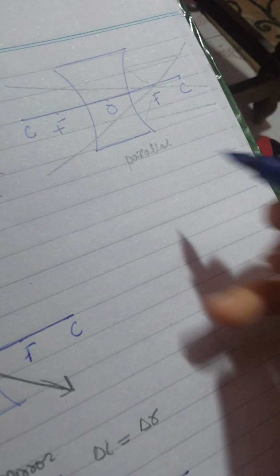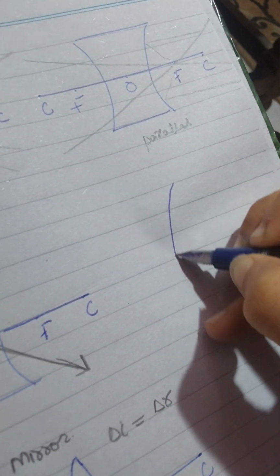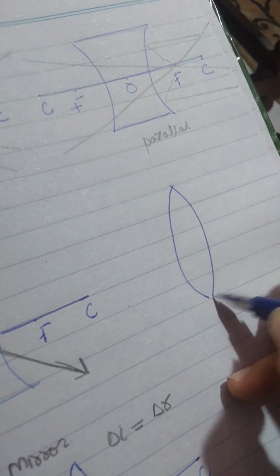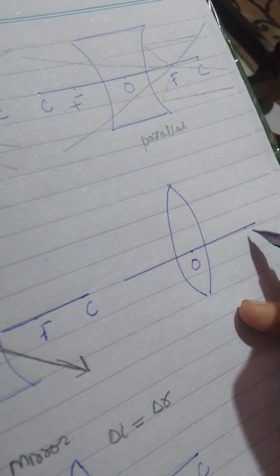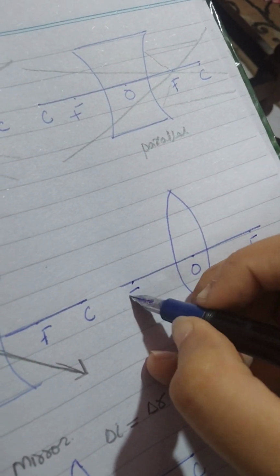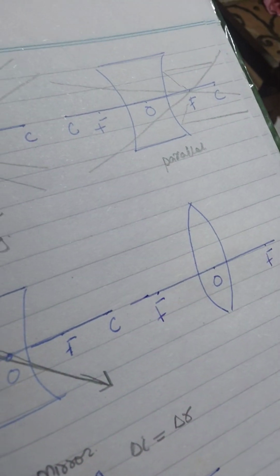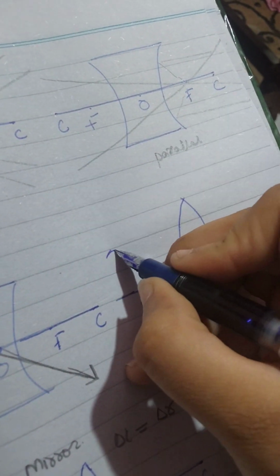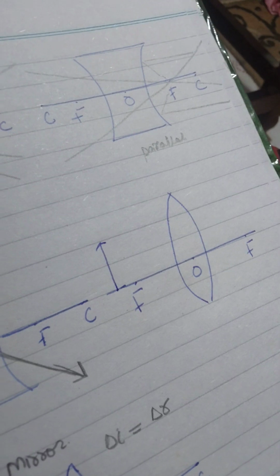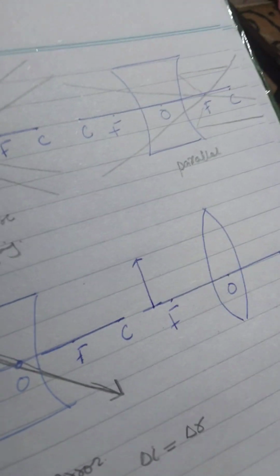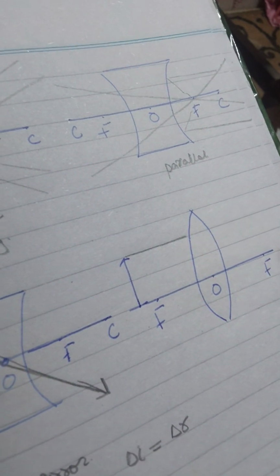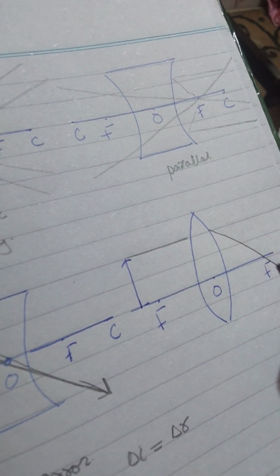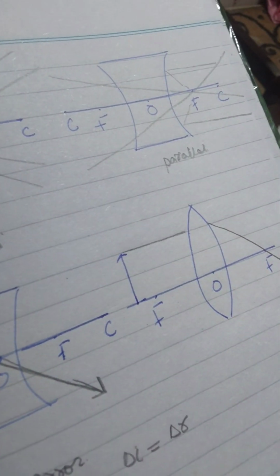Consider that here we are having a lens. This is our optical center, this is focus, and this is focus, and our object is placed before the focus. So obviously there will be a parallel beam of light first, and it will converge on the focus, right?